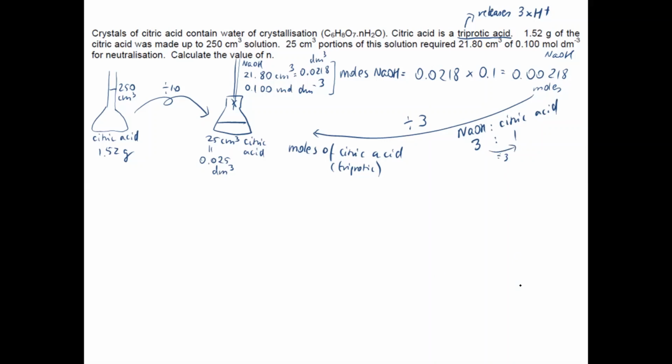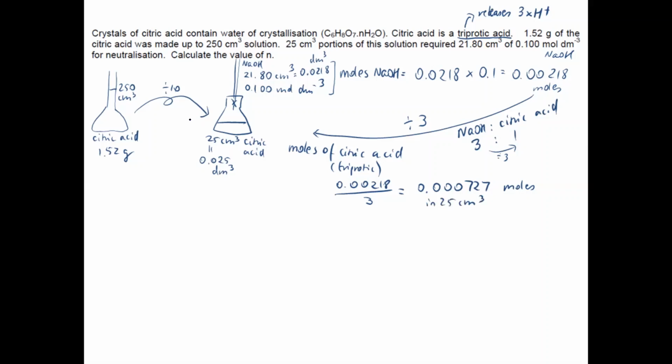So you always need to go through things to avoid making a mistake. The moles of citric acid: 0.00218 divided by 3 gives us 0.000727 moles. This is how many moles of citric acid are in 25 centimeter cubed.